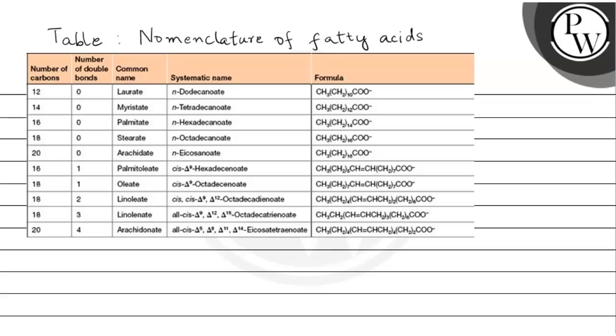So if the number of carbon atoms in the hydrocarbon chain is 12 and there is no double bond present in the hydrocarbon chain, then that acid is known as lauric acid or laurate.